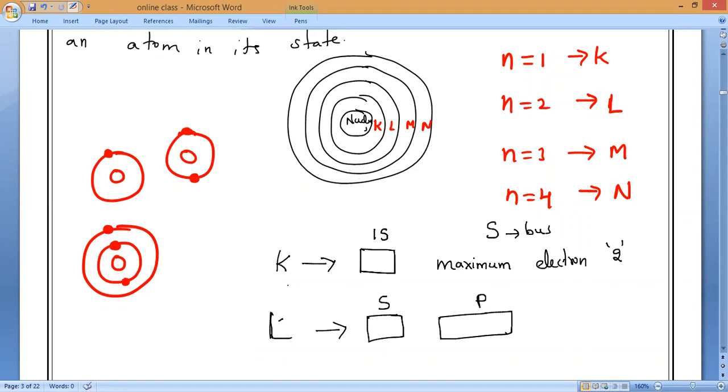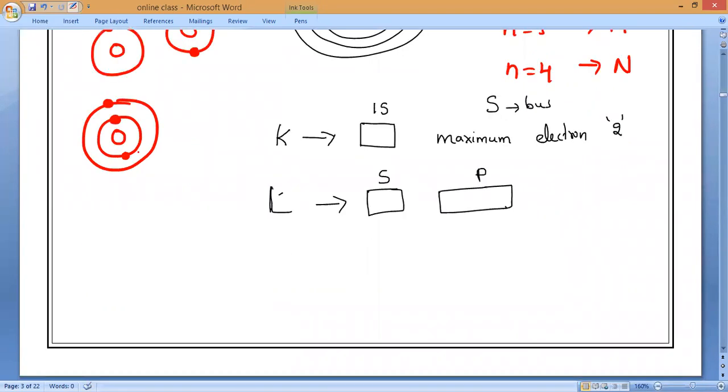For the s bus, maximum electrons is 2. It has only one seat, like in general language. One seat, how many members can sit? 2 members can sit.